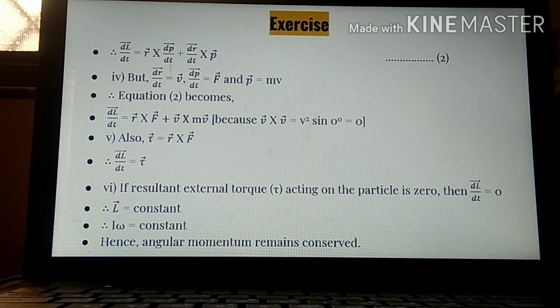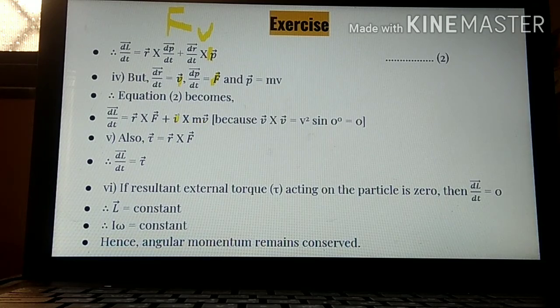But dp/dt, the rate of change of linear momentum with respect to time, is equal to F. So we can substitute F, and we get r cross F, and dr/dt means what? The rate of change of displacement with respect to time is called velocity. So in place of dr/dt we can write v. But momentum is what? m into v. If we substitute all these values, we get r cross F plus v cross m v.